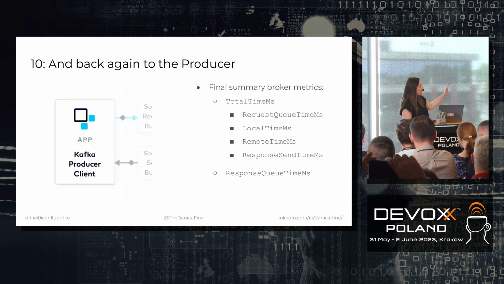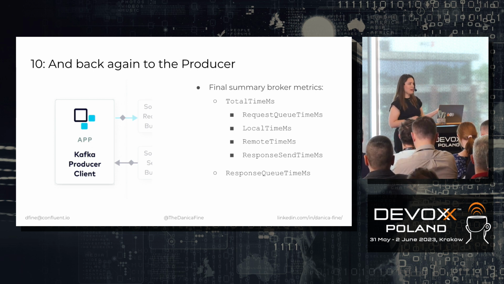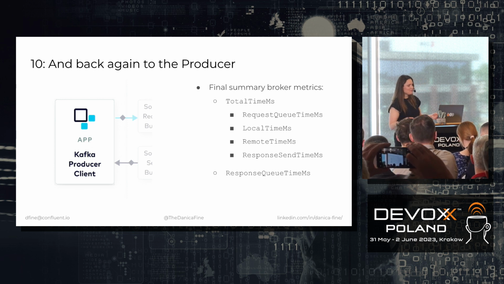And again, I want to summarize these time intervals for this total process. So we have total time MS, the amount of time this whole request response takes that we're waiting for this to be fulfilled.